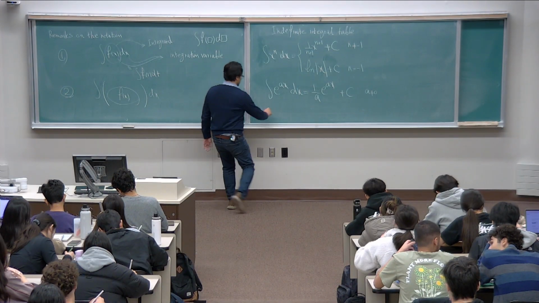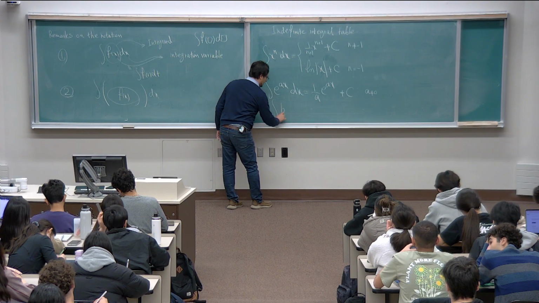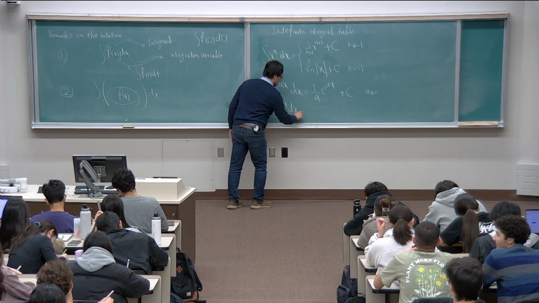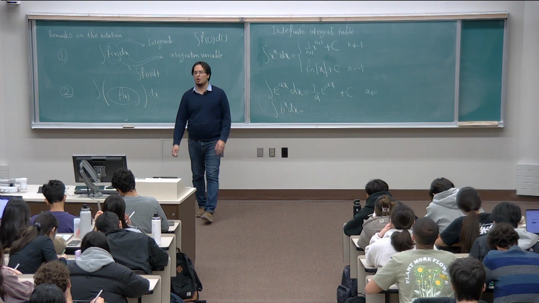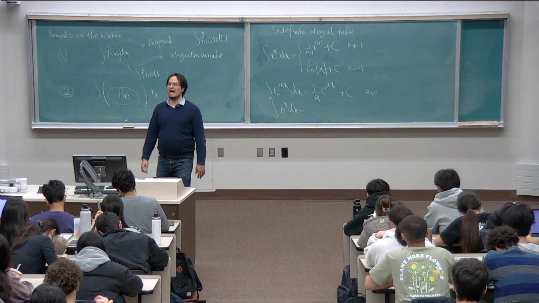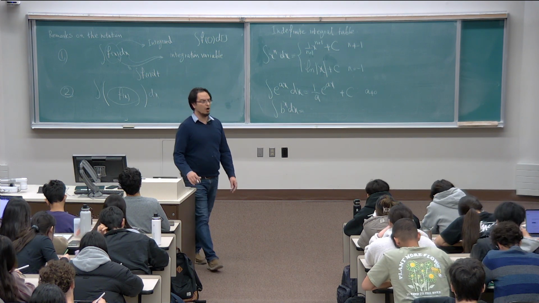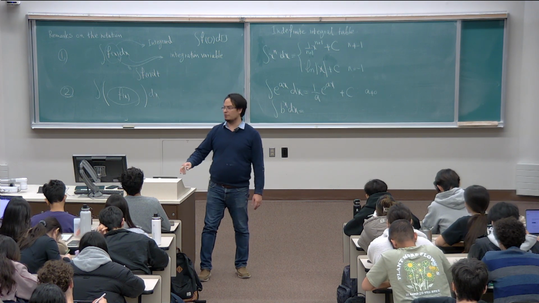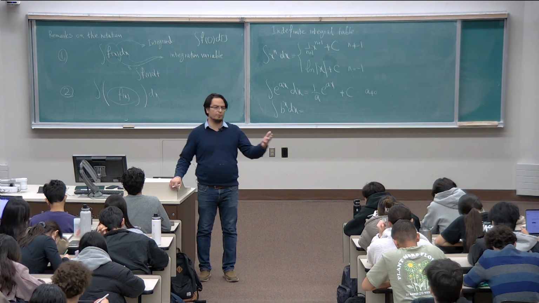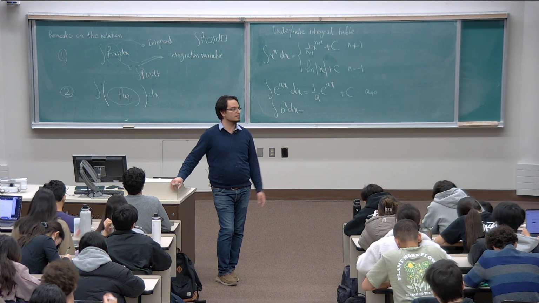How about the integral of b to the power x? What is the antiderivative of b to the power x? B is a constant. 2 to the power x instead of e to the power x.